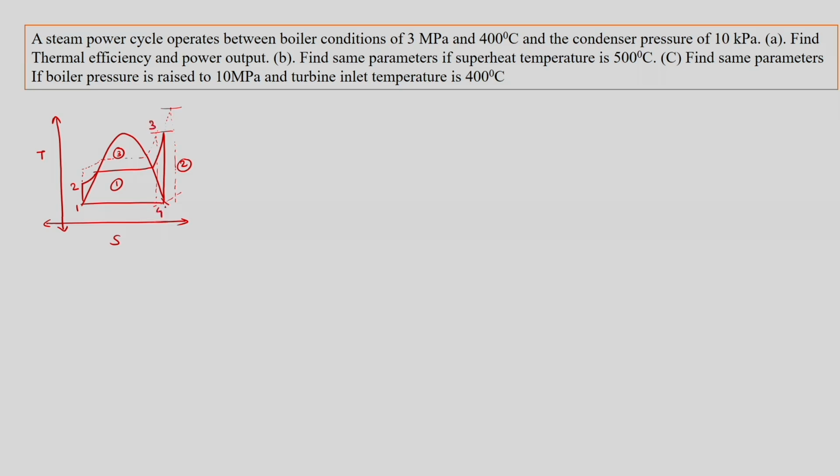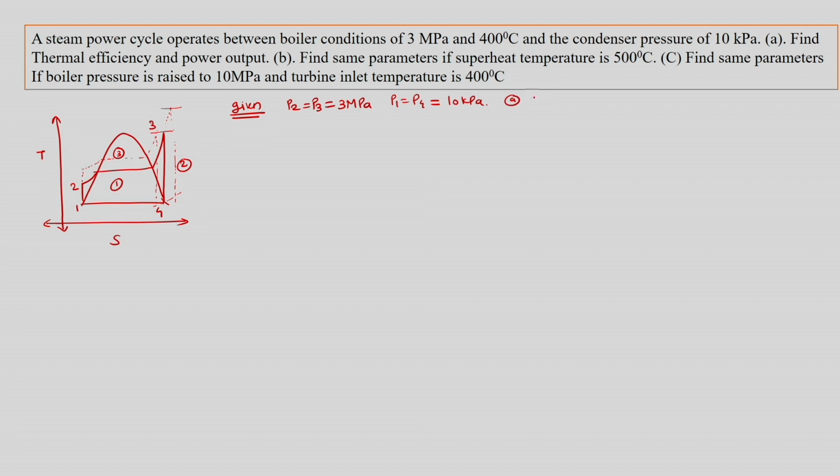So having said this, these are the general numbers. In the present case, we have P2 is equal to P3 is equal to 3 megapascal, and we also have P1 is equal to P4 is equal to 10 kilopascal.